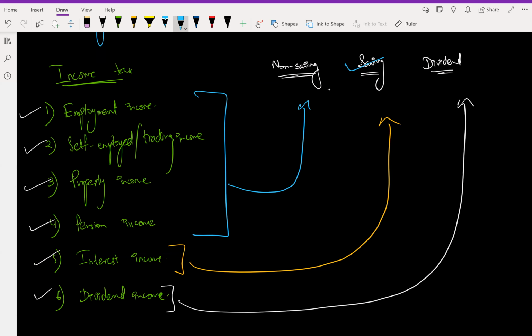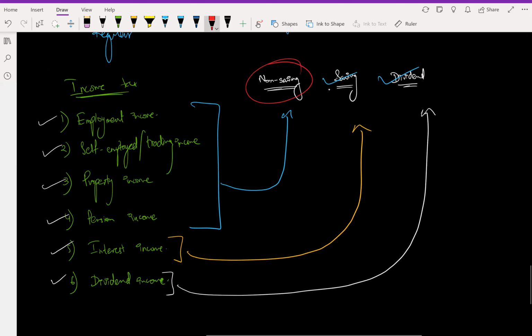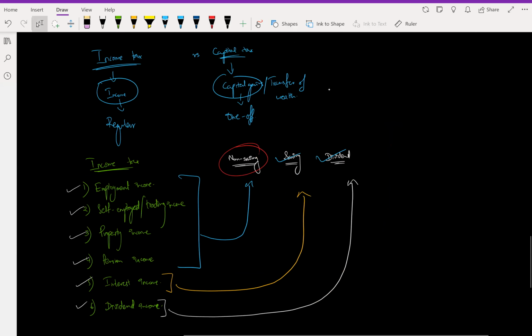Do I have any dividend income? Now whatever is left will be classified as non-saving. This is literally the first step that you need to perform in order to identify the category, that you categorize your type of incomes. Note this down, then I'll move on to the second step.